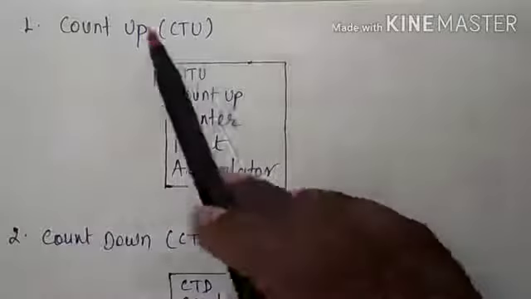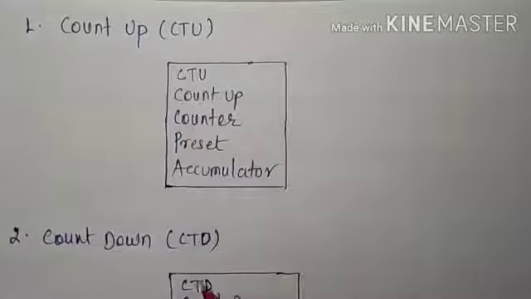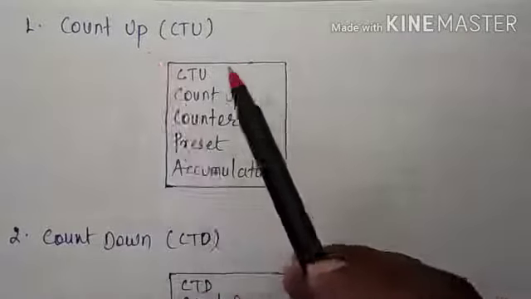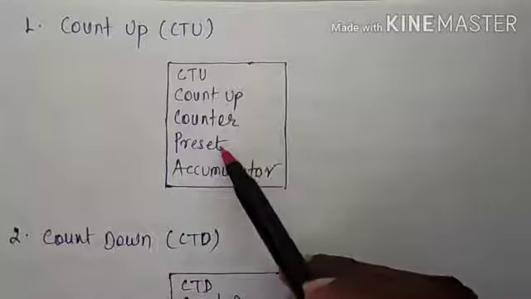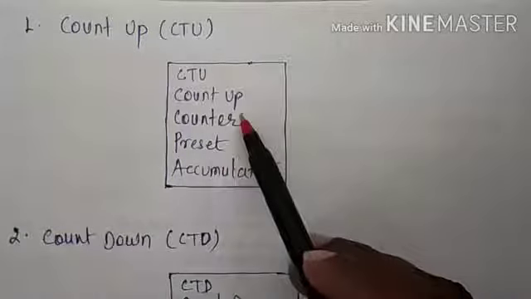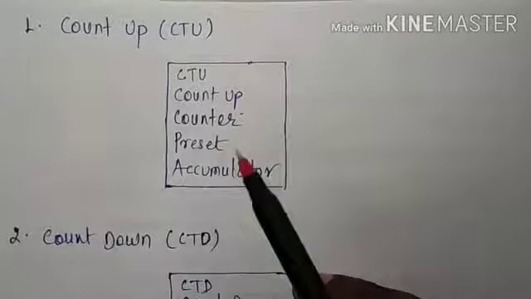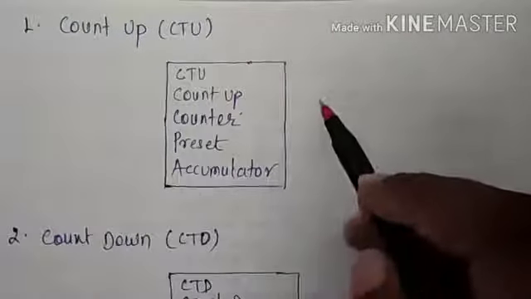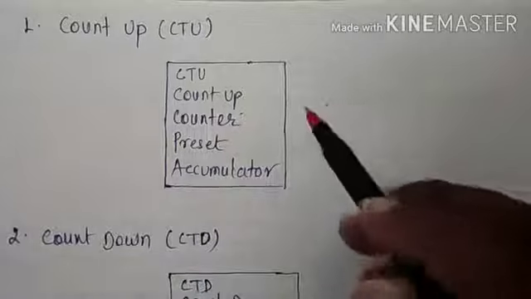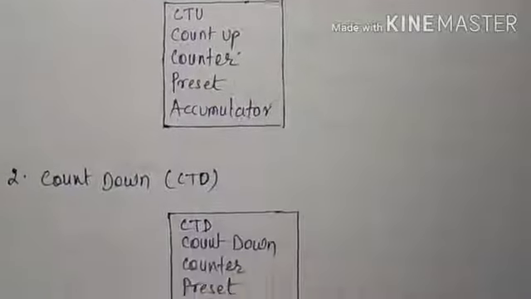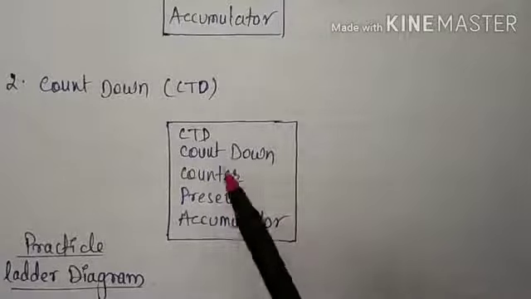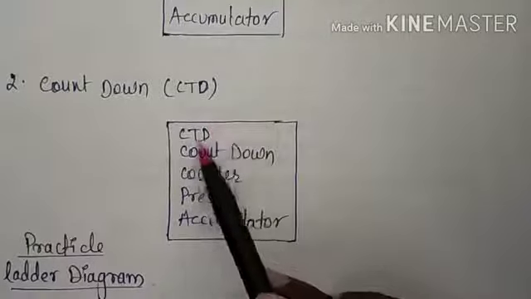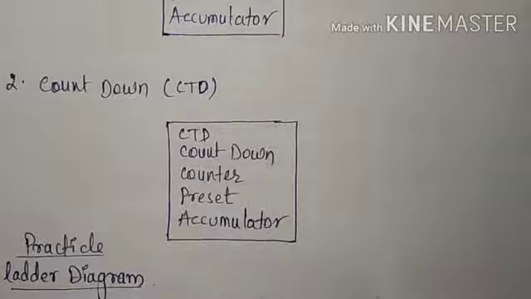Now we will look at the counter up and counter down. The counter up has parameters: counter, preset and accumulator value. It is very simple, similar to our timer. Similarly, the countdown counter also has preset and accumulator value, and it is denoted by CTD or CD.